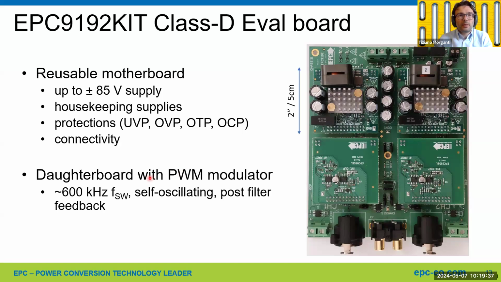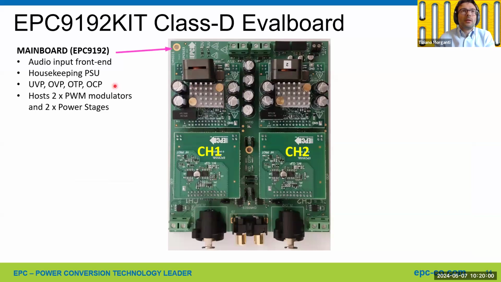And the kit is coming with a self-oscillating, post-filter feedback based modulator running at about 600 kilohertz. And also there is another daughter board, which is the power stage, which is a half bridge with the output filter included.